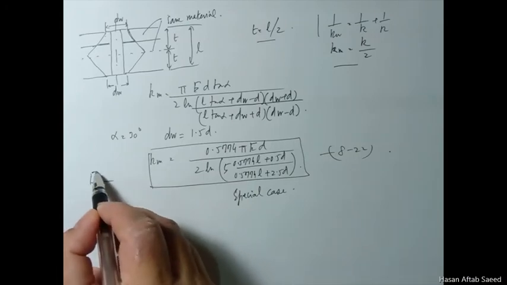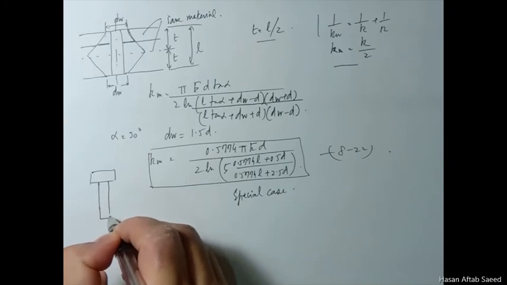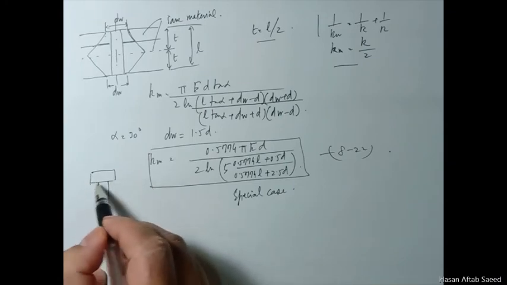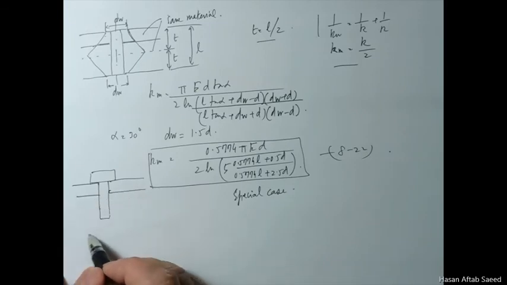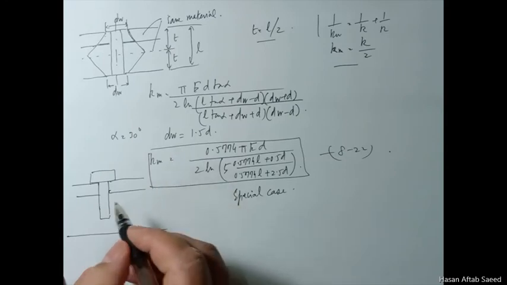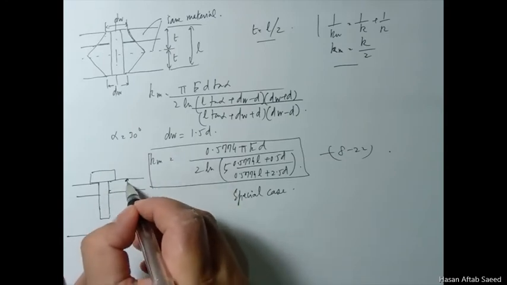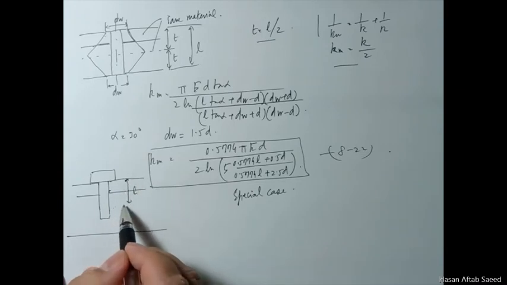The only difference will be something like this. Maybe this is your plate 1, this is your plate 2, and your L is this one, and you know how to calculate L.